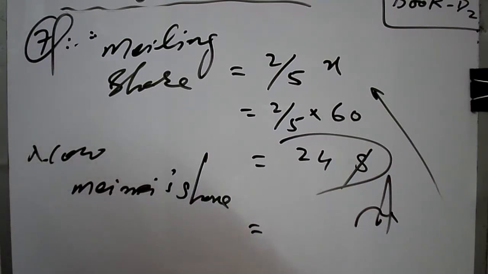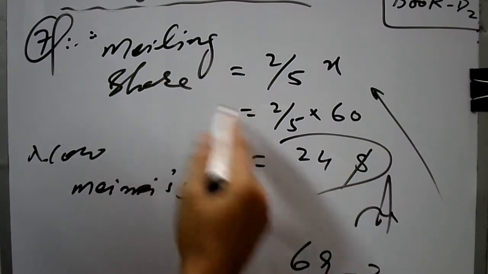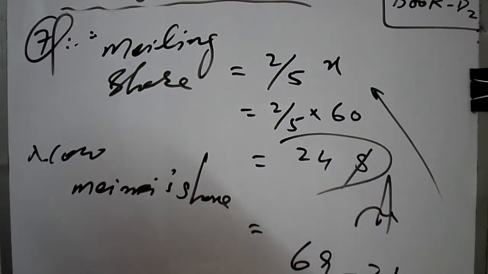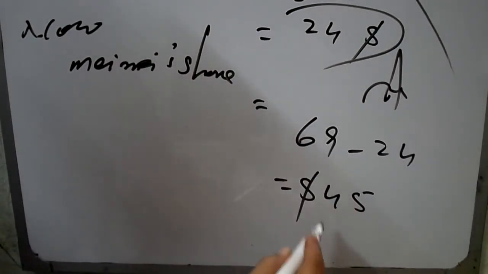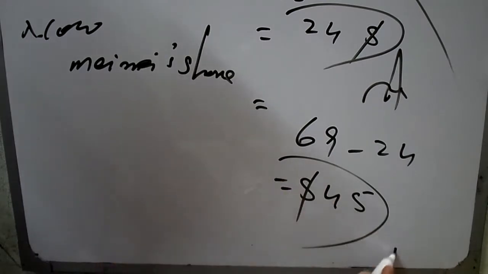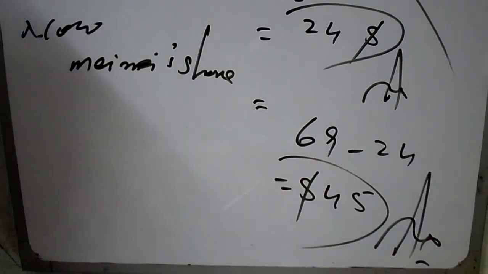An easy method: the total is 69 minus 1 mailing share, which is 24. When you subtract it you will get $45, so $45 is Miami's share. So that is your required result.